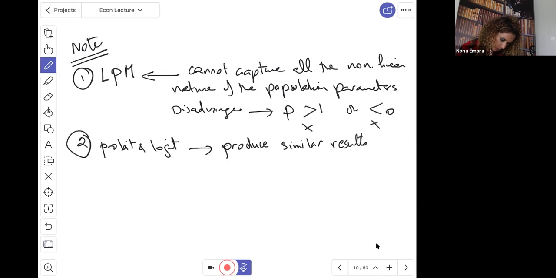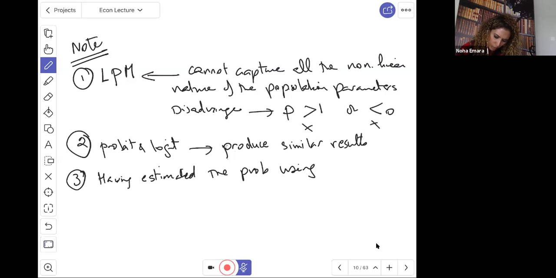Number 3. So remember that having estimated the probability using probit or logit, I'm going to get a probability like that.